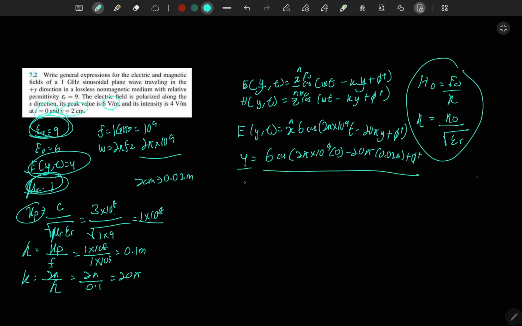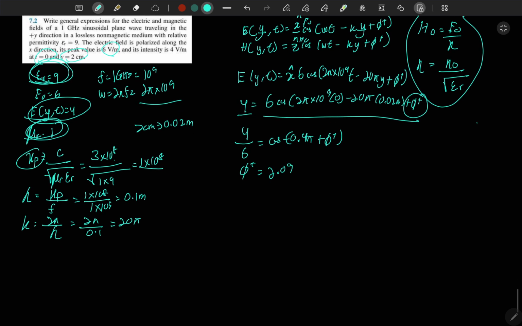So you need to compute everything in order to find this. 6 is equivalent to cos of 0.4 pi plus this, so the final answer would be 2.09. Now you just plug in the value, so you would get x hat 6 cos of 2 pi times 10 to the power of 9 t minus 20 pi y plus 2.09.